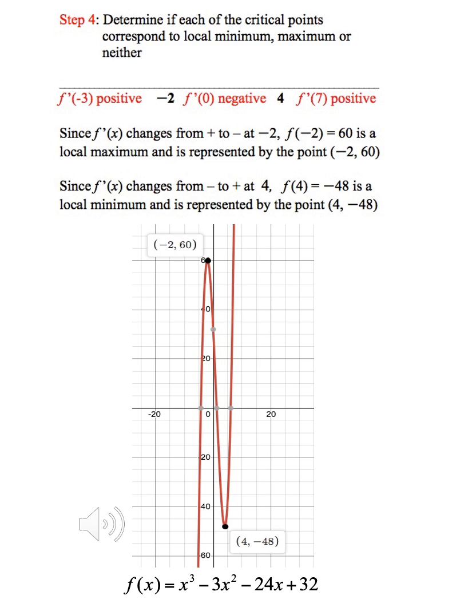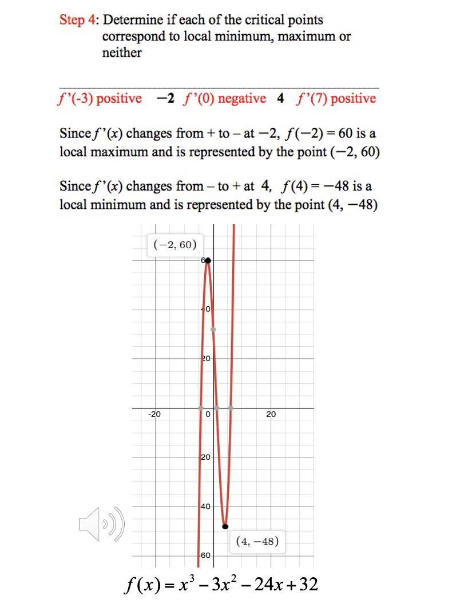So now we're ready to do our final step, step 4, which is actually to determine whether our critical values, negative 2 and 4, are local maxes or local min points. So the easiest way to do this, just make a little number line if you get a little mixed up on this. You put negative 2 where that is, and then you put positive 4 where that is.